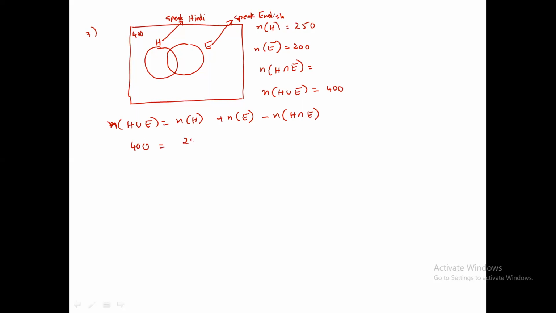N of H is 250, N of E is 200, and we don't know what is N of H intersection E. So N of H intersection E will be 450 minus 400, that is 50 will be the answer.